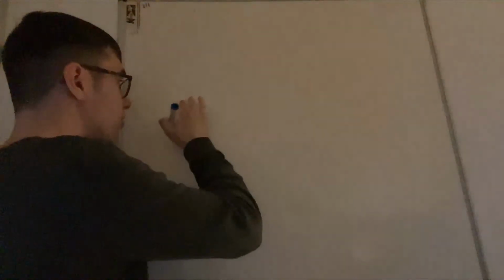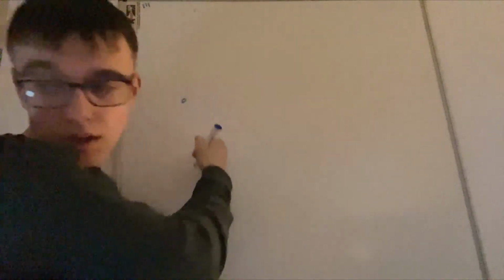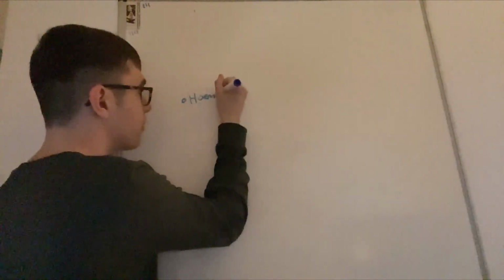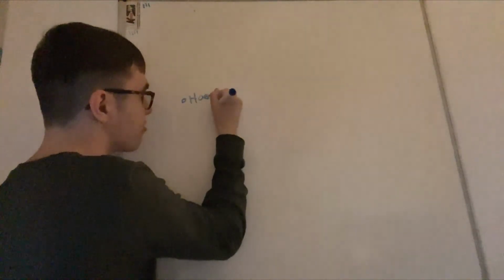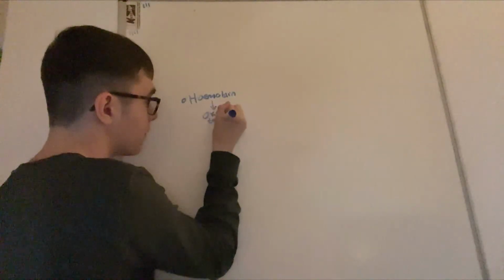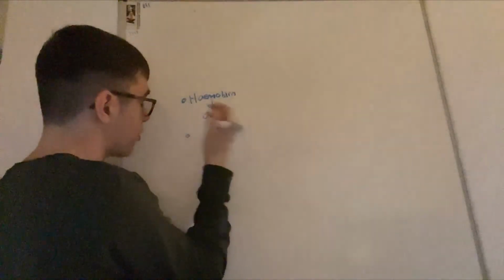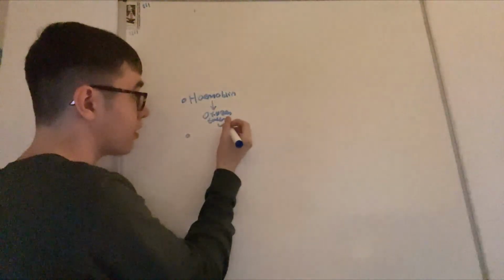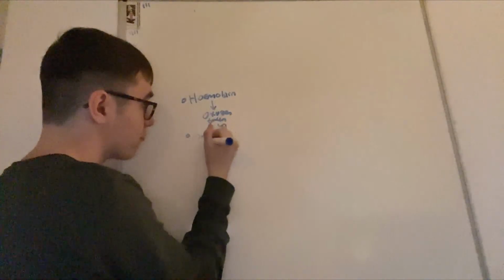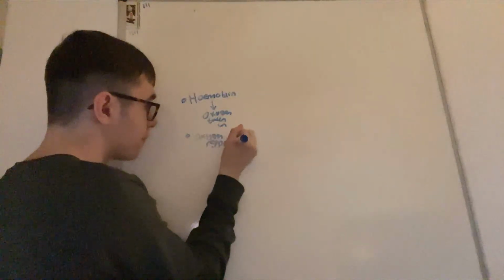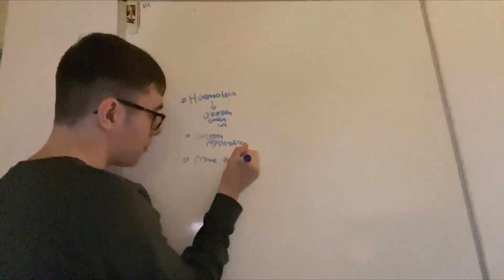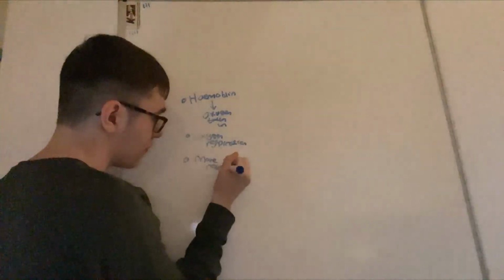More red blood cells means more hemoglobin, which means more oxygen can be taken in, which means more oxygen is used for respiration, which means more energy released around the body.